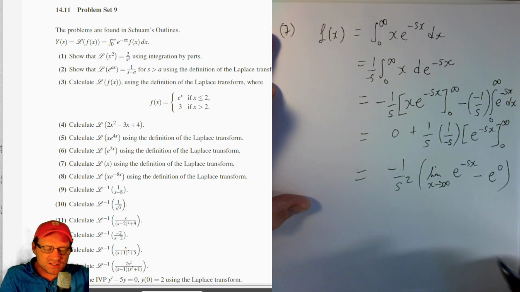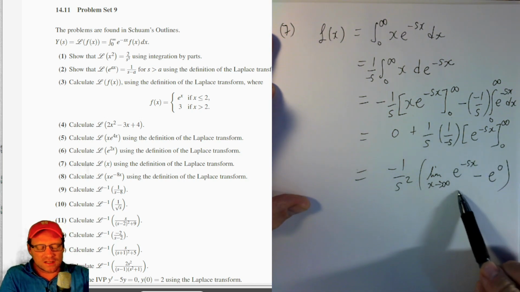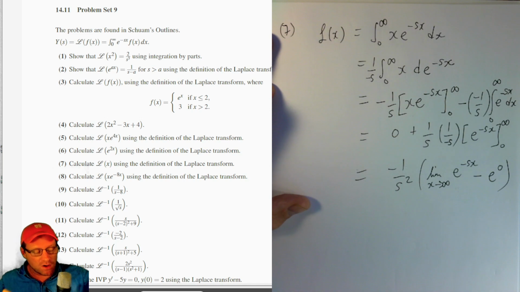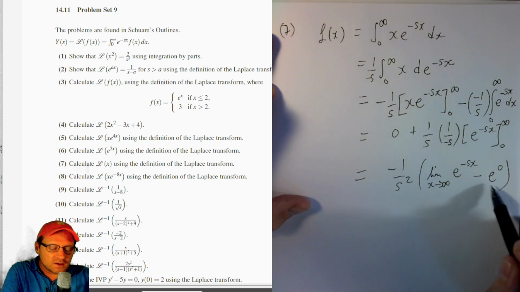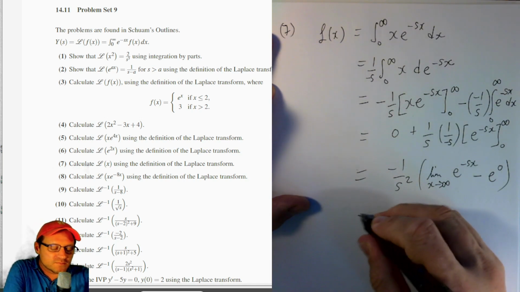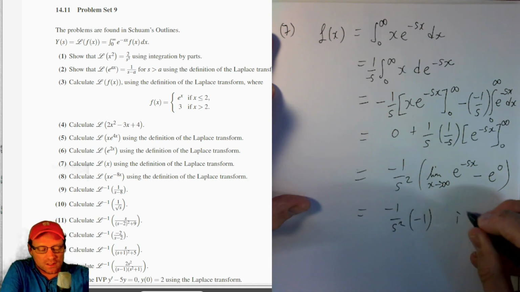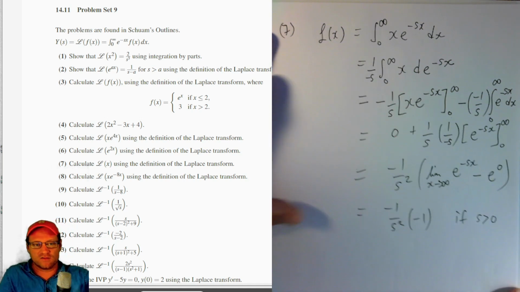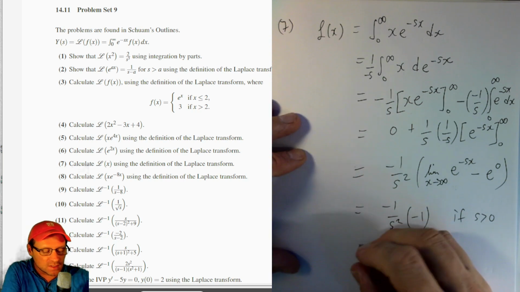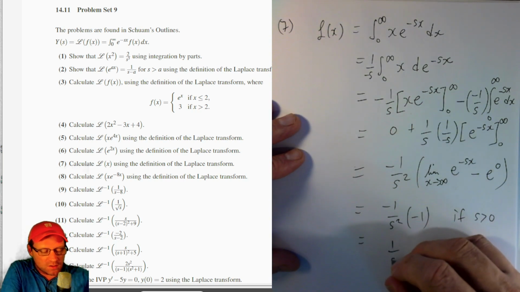Now, if s is positive, then this limit exists and is equal to 0. Okay, and so e to the 0 is 1, so we have minus 1 on s squared times minus 1 if s is positive. And so we get 1 on s squared.